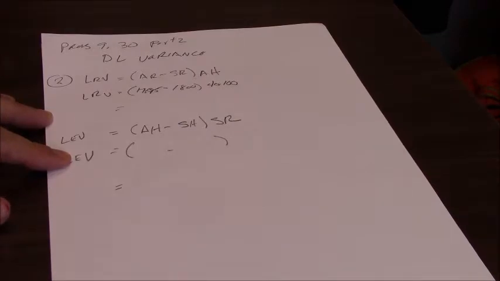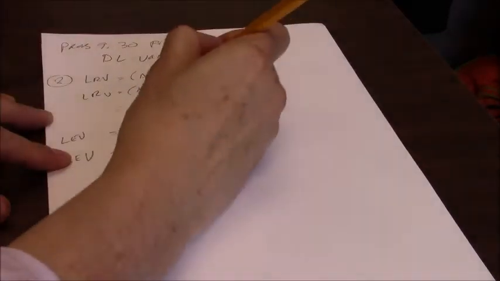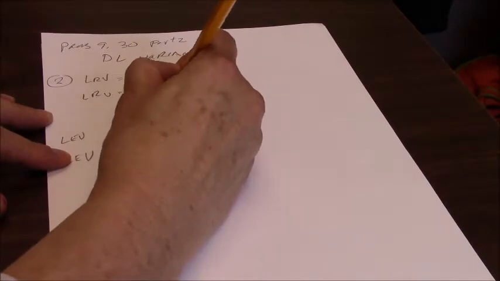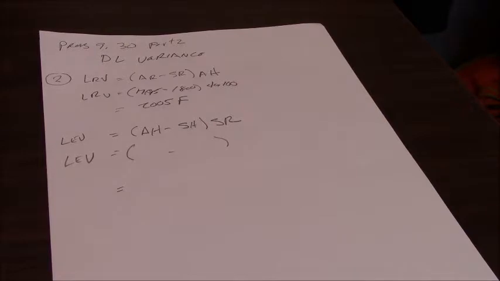So $17.95 minus $18 is a nickel times 40,100. And that means we spent $2,005, and that's a favorable variance. We spent less than the standard.